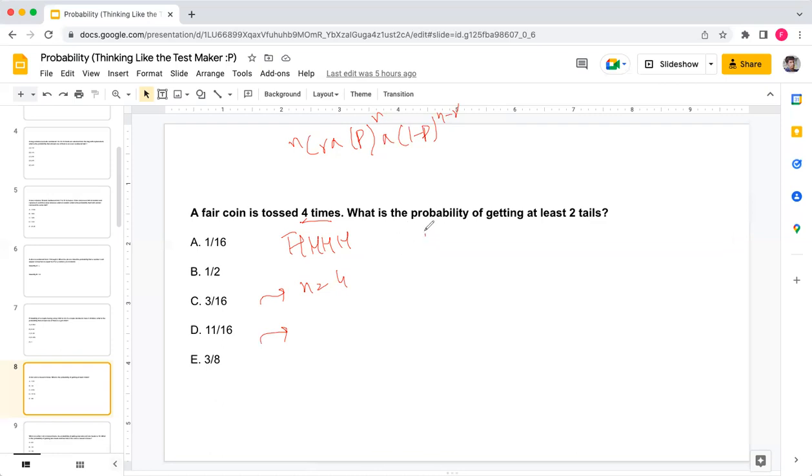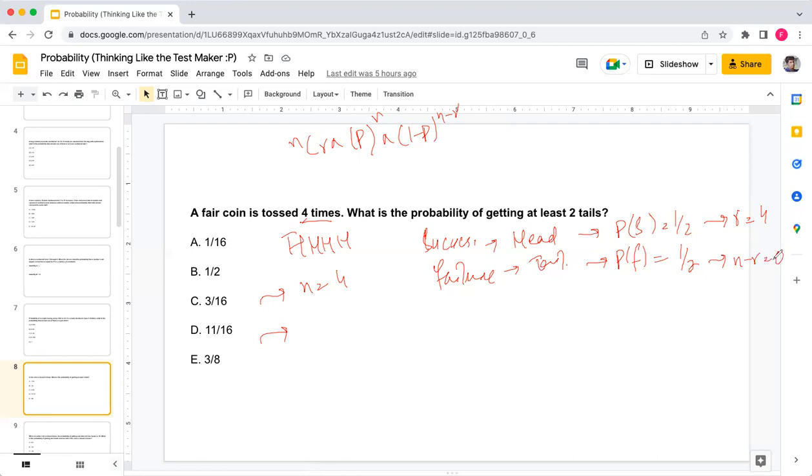I am considering the success as head and failure as tail. So the probability of success will be equal to 1 by 2 and the probability of failure will also be equal to 1 by 2. I'm considering success as a head, so r will be equal to 4 and n minus r will be equal to 0, right?